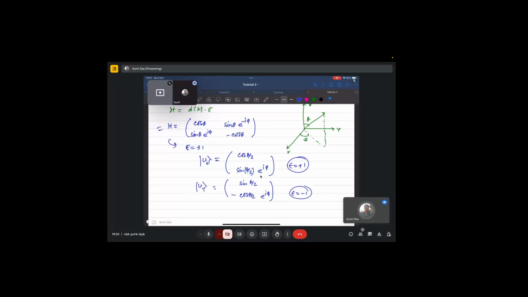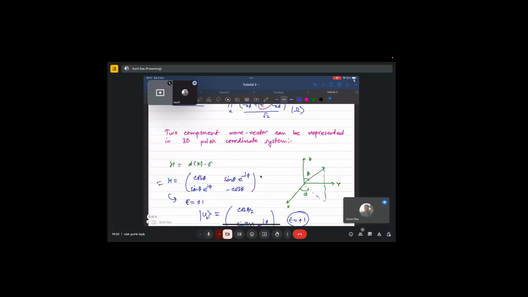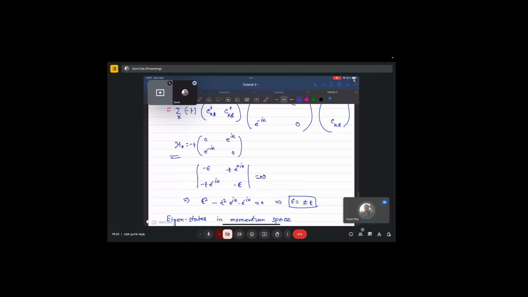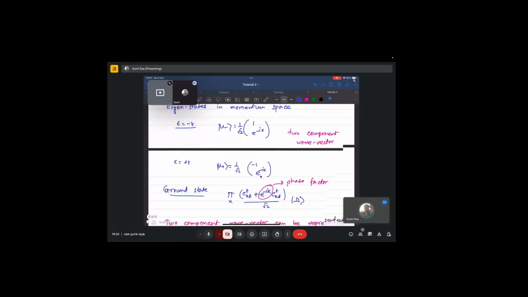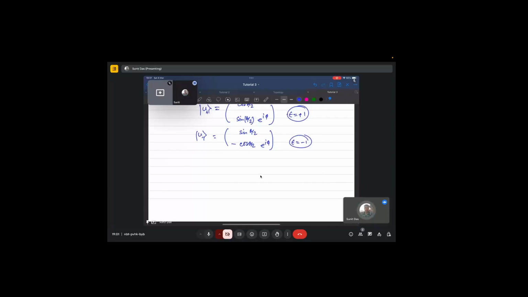Now you can easily generalize this for our Hamiltonian case already, because our Hamiltonian is also 2 by 2, and you can just equivalently write things down, right? In our case the energy is plus minus t, here it is plus minus 1, so you can easily parameterize these things.